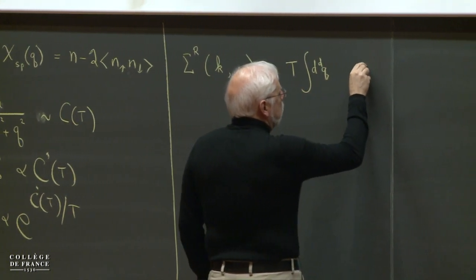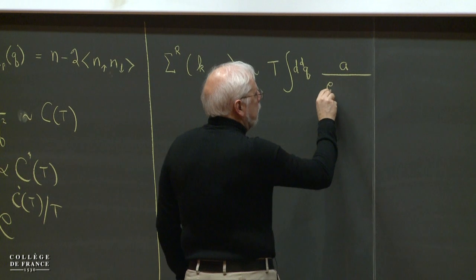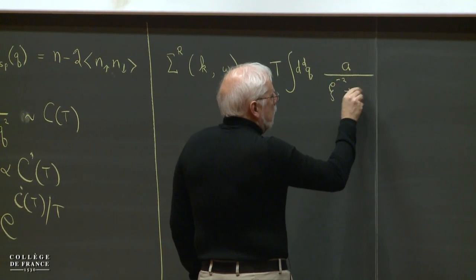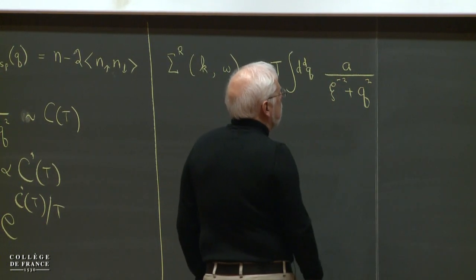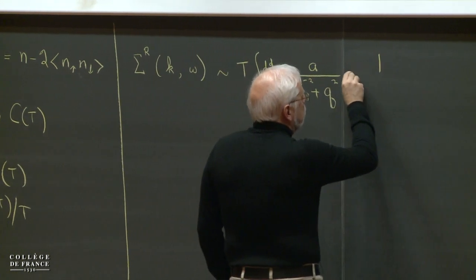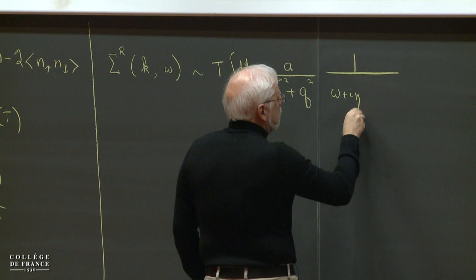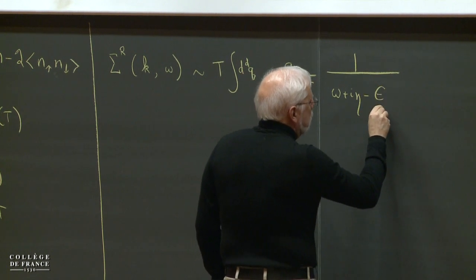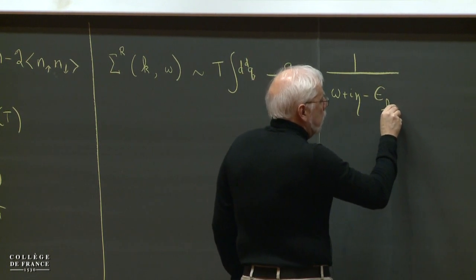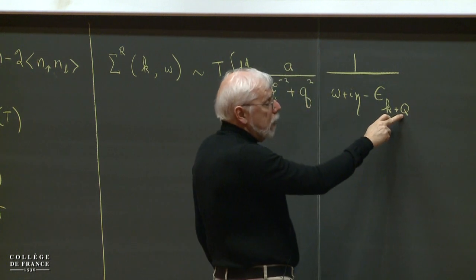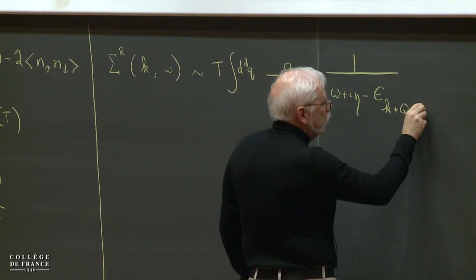Chi spin, we said near the phase transition, we can take as this Ornstein-Zernike term. And then I have a Green's function, which is just 1 over omega plus i eta minus epsilon. We have to remember that we are expanding around pi, so I get k plus pi plus little q.